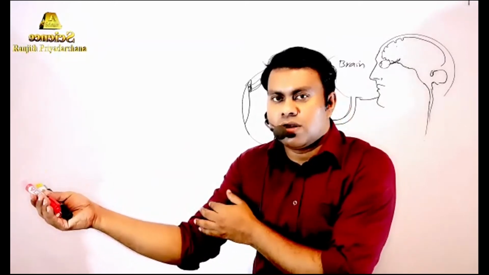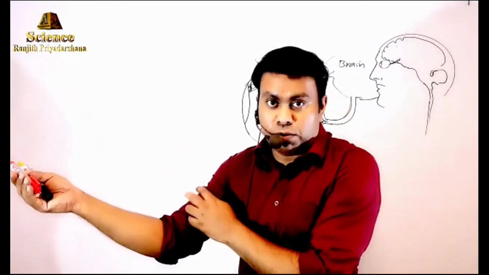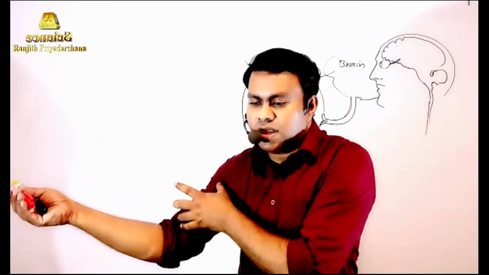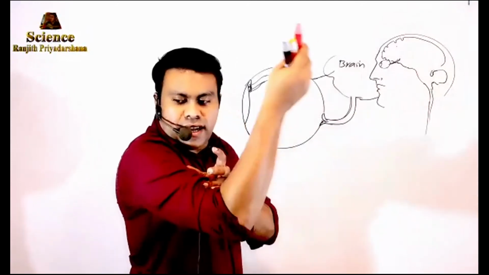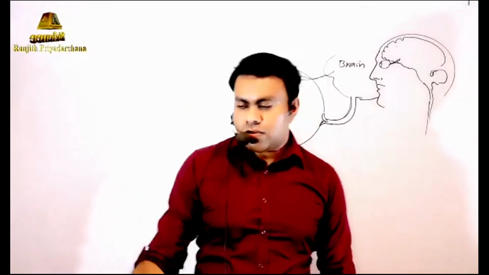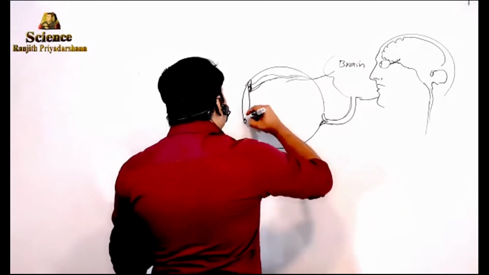Then what happens? Just like electric current. Just as this nerve impulse is gained, this muscle contracts like this. It contracts. Then your hand folds. Okay, look at this. What happens? Here also the same thing happens.